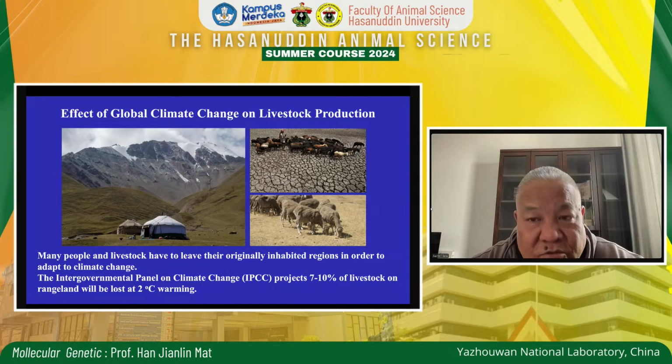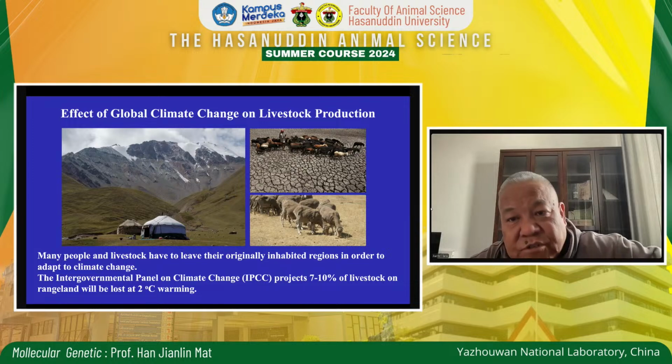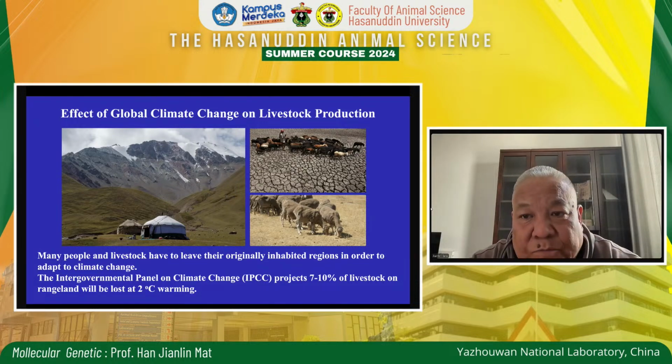The rainfall reduced or increased in a particular area, or the temperature at the global level is rising. Therefore, as I mentioned, the plant production, the biomass pattern is changing, most likely reduced across the world.